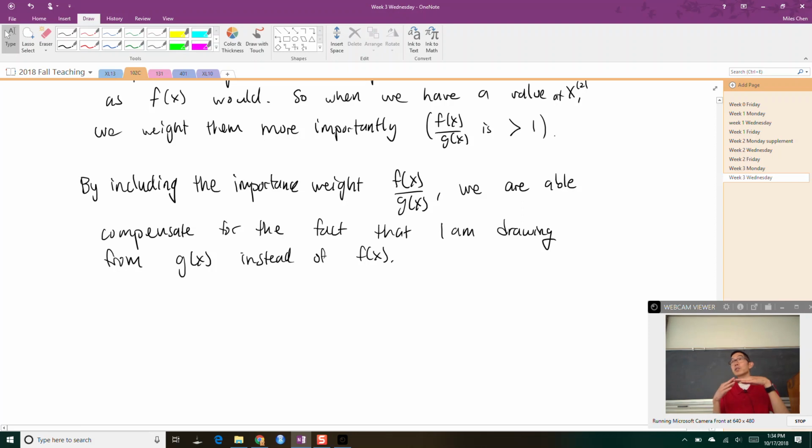So just because you have the PDF doesn't mean generating random values from it is easy. Maybe you can integrate it, maybe you can invert it, but it might be quite difficult. That's a totally legitimate question: if I've got f of x, why not just generate from f of x? The answer is it's not always easy to generate from f of x, even if you know exactly what it is.